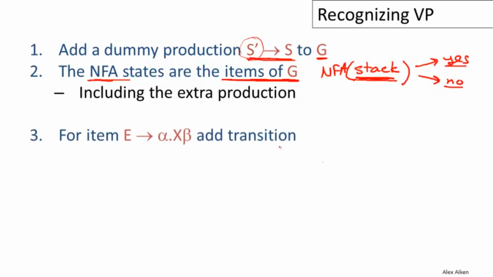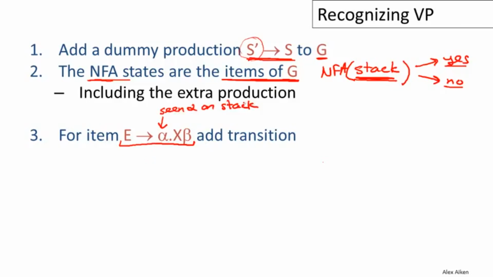Okay, so let's think about what we need the moves of this machine to be. So let's say that we're in the state E arrow alpha dot X beta. Now what does that say? So that says that so far we've seen alpha on the stack.